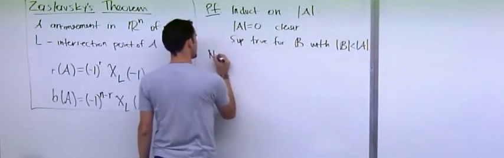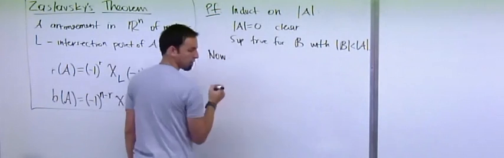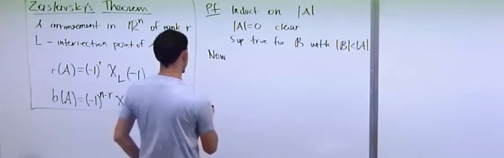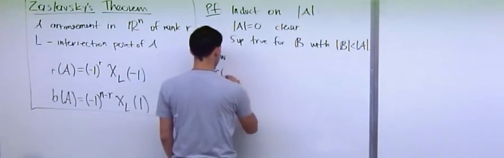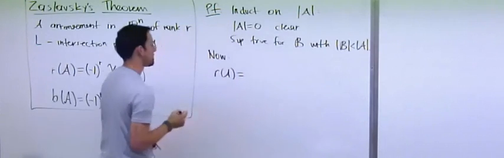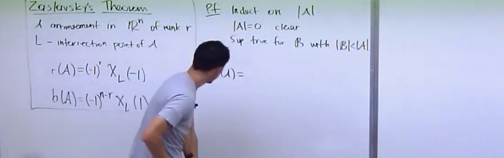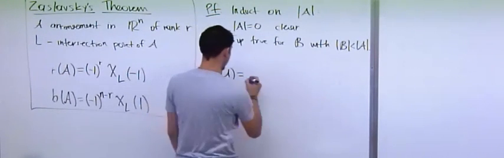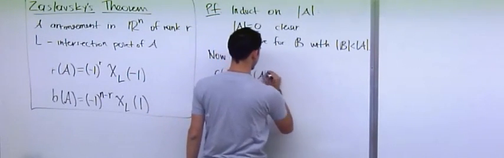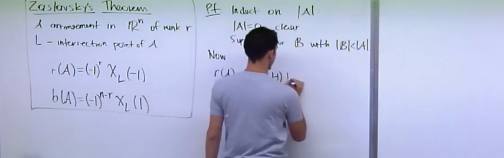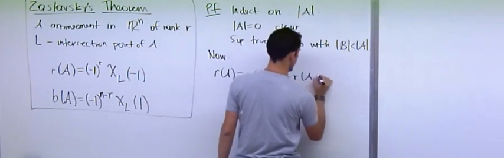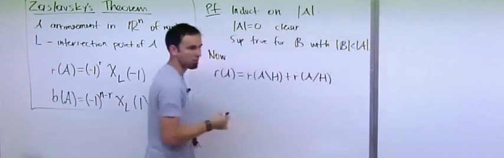Now, we basically showed that the number of regions satisfied a recursion. The recursion says just compute the number of regions of the deletion plus the number of regions in the contraction for any hyperplane.